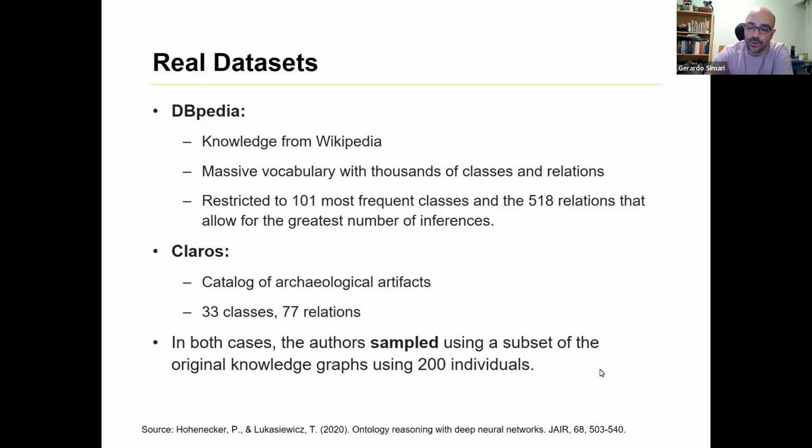There are more details in the appendices, however. The Claros data set is a catalog of archaeological artifacts, in this case much more toned down, with 33 classes and 77 relations, but still bigger than the toy ones. And in both of these cases, the authors sampled using a subset of the original knowledge graphs using 200 individuals, just to see how well they could do with this kind of sampling.